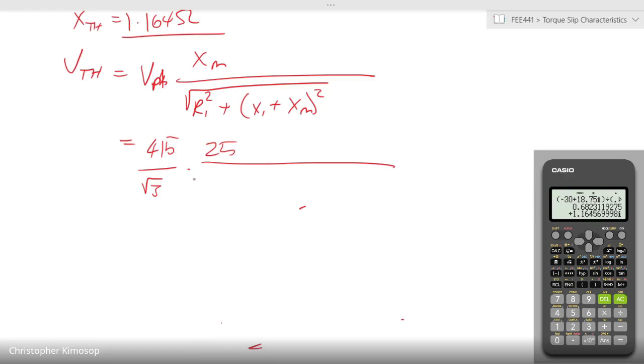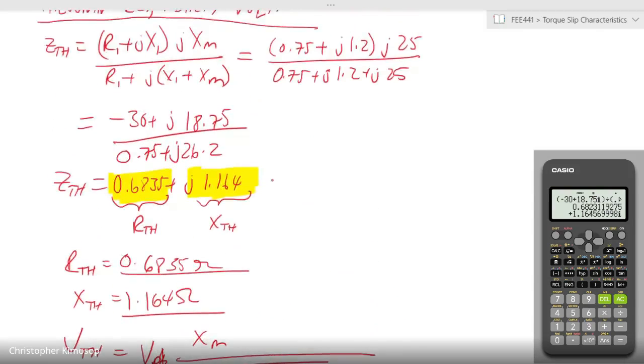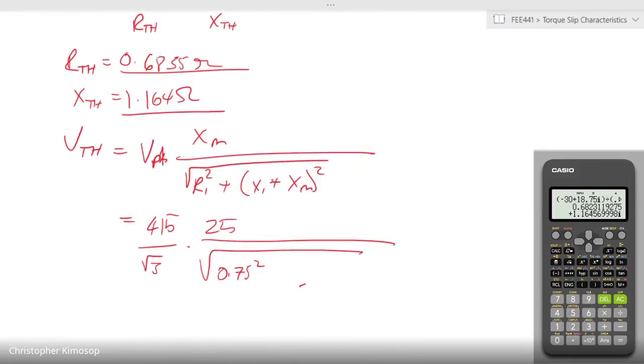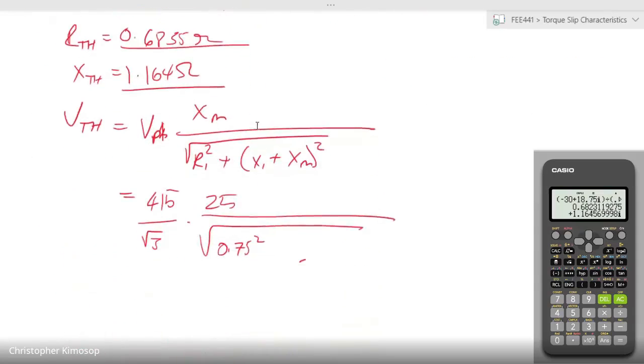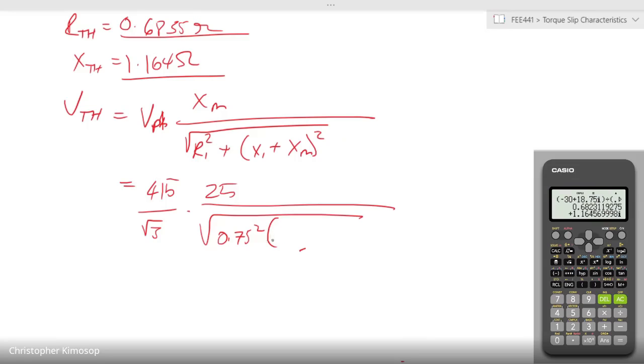Xm was 25 over the square root of 0.75 squared, R1, plus X1 1.2 plus Xm 25, squared. So let's calculate that.